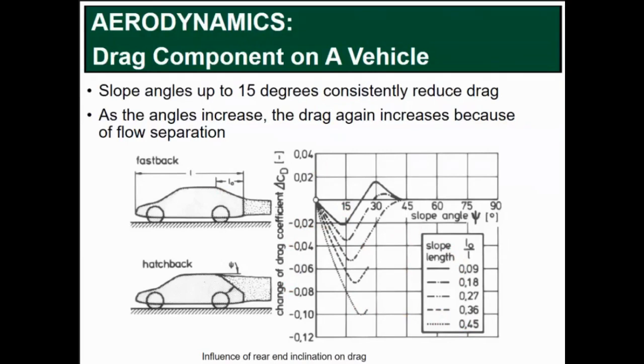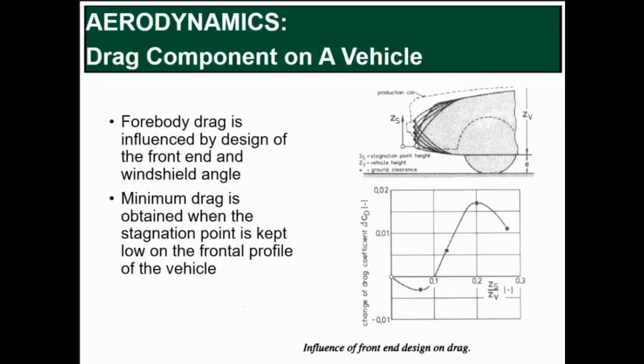Next, we look into the front of the vehicle. Kita tengok macam mana drag component. For example, how to minimize or how to control the aerodynamic drag. This example is for forebody drag that is influenced by the design of the front end and windshield angle.